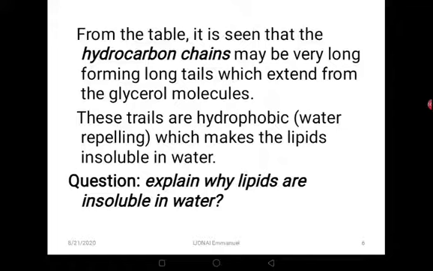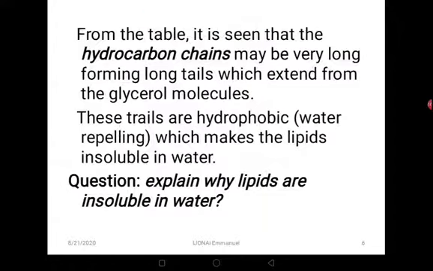As you saw in that table, some fatty acids have 17 or 33 carbon atoms. The longer the chain, the more hydrophobic it is, and the more insoluble it is in water. Generally all lipids are insoluble in water, but the longer the chain, the more insoluble it is.